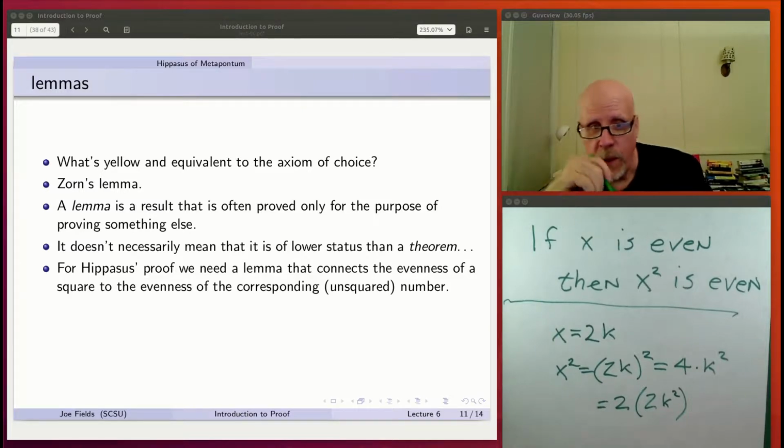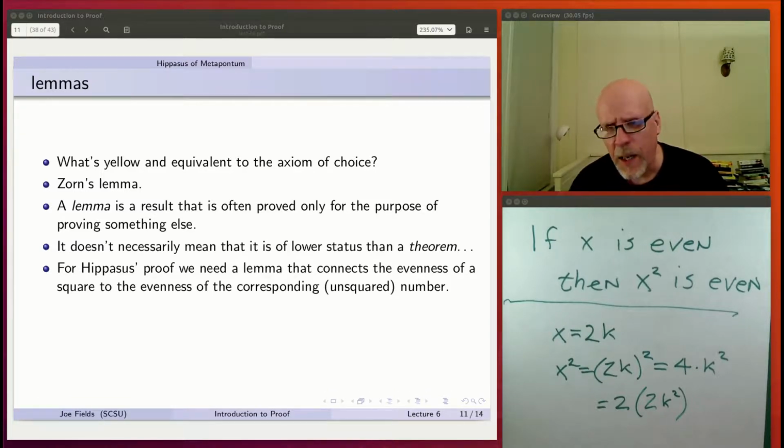The problem is, this lemma we're after works in the other direction. If x squared is even, can you tell me that x is? If x squared is even, I guess I would need to take the square root somehow in order to get back to x, and that's not good, because if I'm taking square roots, I might leave the realm of integers.